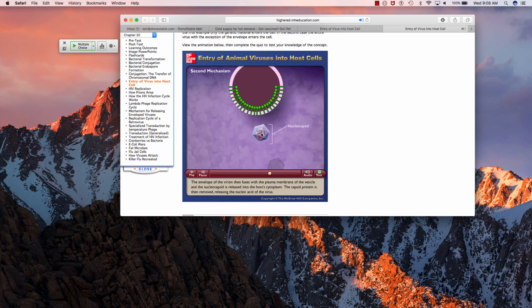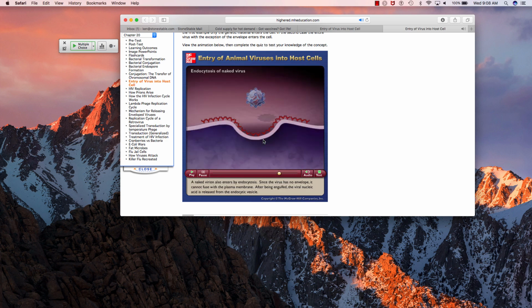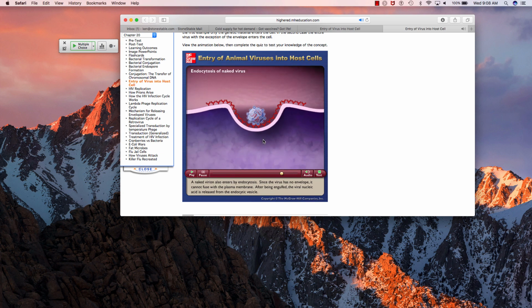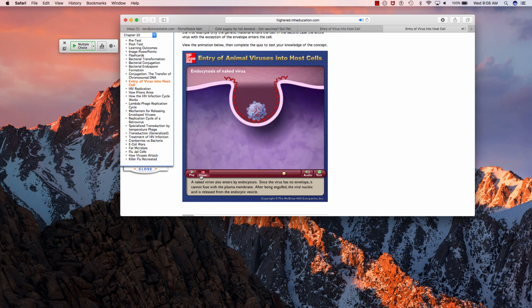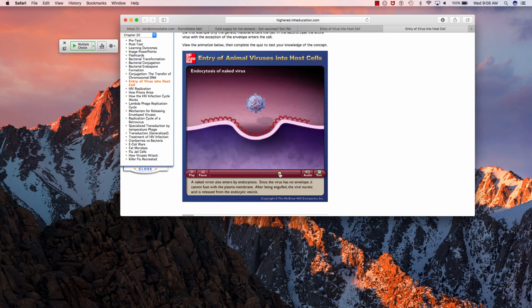The virion is released, and then magically it becomes uncoated. So this is what happens with enveloped viruses. Again, either fusion at the membrane, let me stop this real quickly, back up a little bit, or you can have endocytosis and then release from those endosomal membranes later on.